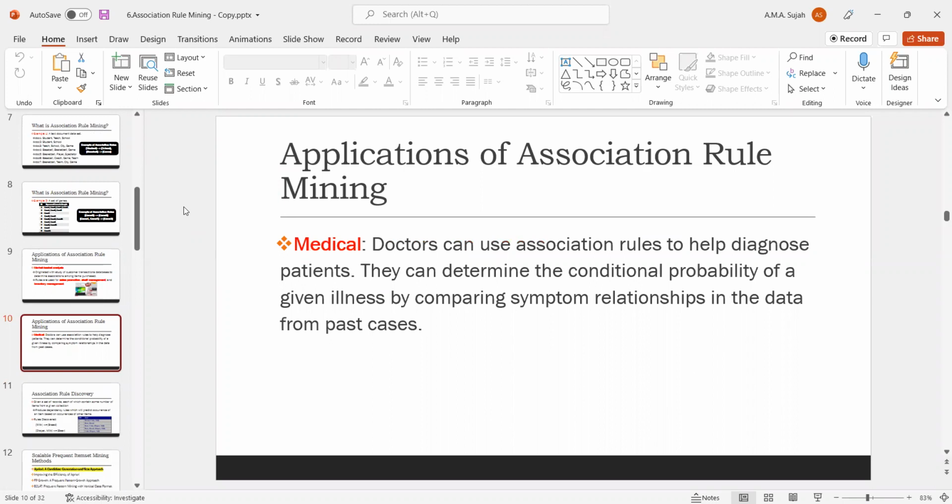Based on these symptoms, we can easily predict the disease in the future. Or when someone comes and tells me the symptoms, they can easily find out the disease and start the treatments. That is one of the applications based on association rule mining.